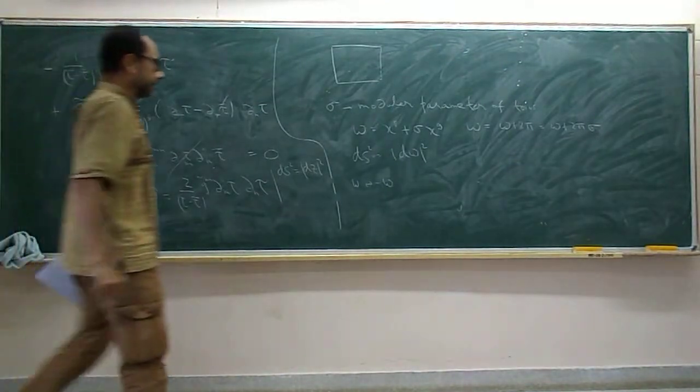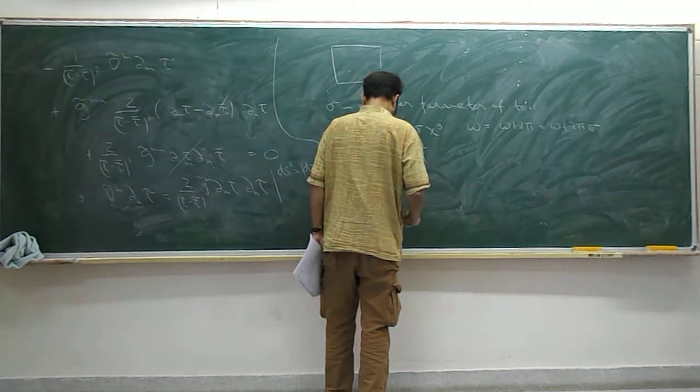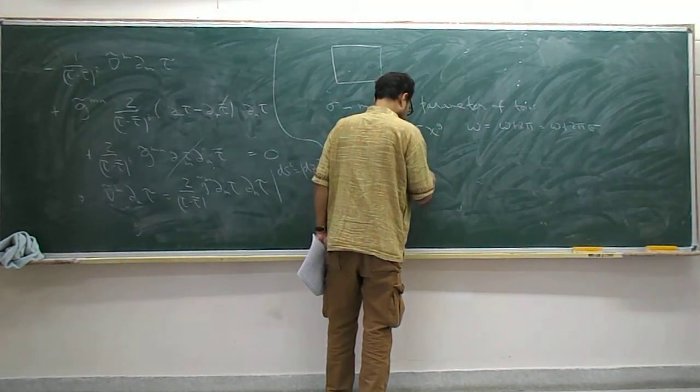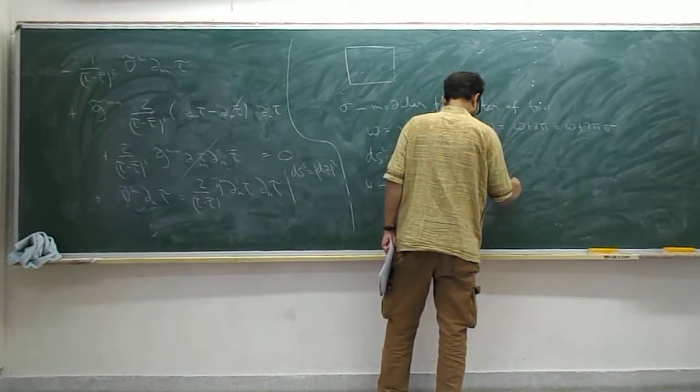So the correct coordinate system near w equal to 0 is actually z, which is w square, is the correct coordinate.